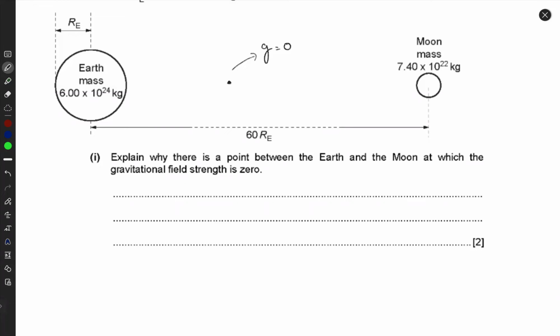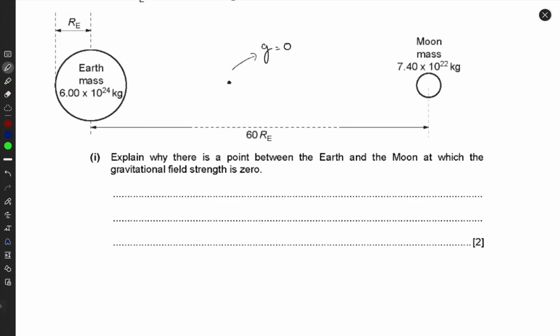Okay, right. So although that might work, yes, but why at that mark would the gravitational field strength be 0? What's the reason for that, really? As the force of the Earth is equal and opposite to the force of the moon. Exactly. So that's a very good point.